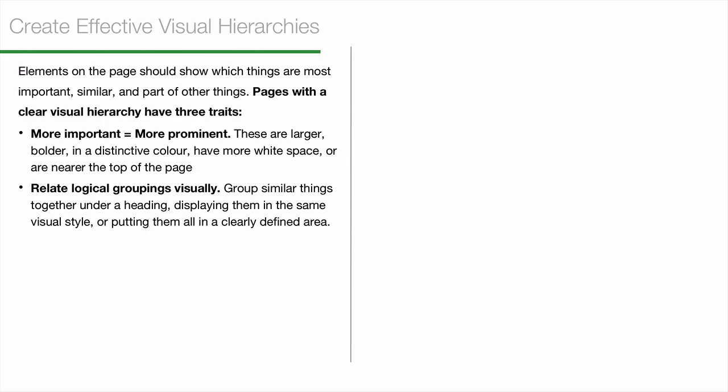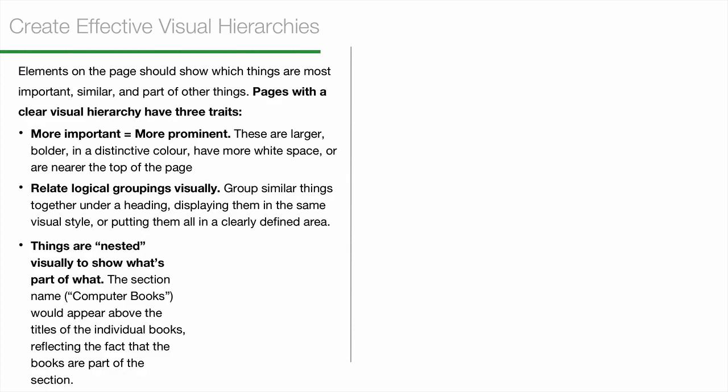More important should be more prominent, so the more important information tends to go towards the top of the page. It should also be logically grouped with other content. And the third thing is nesting the content visually, so that we know what's part of what.